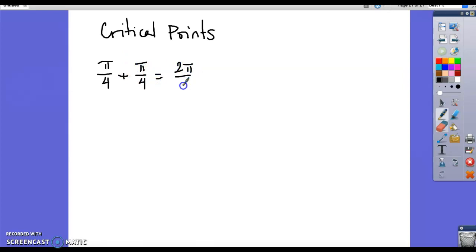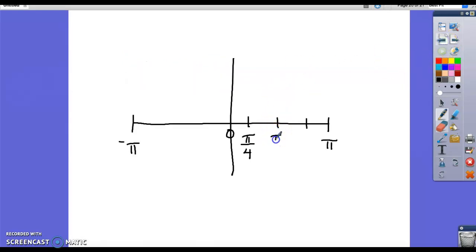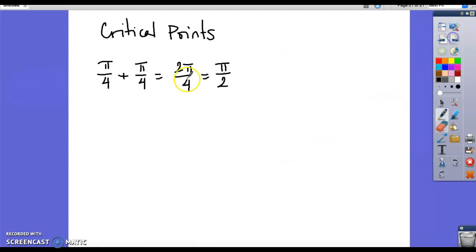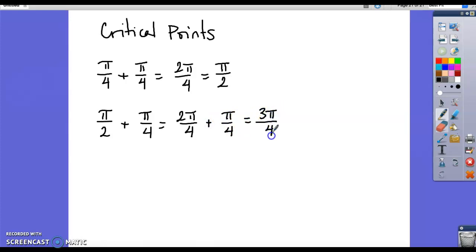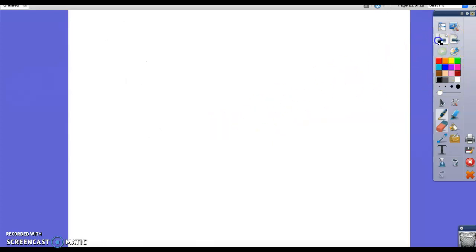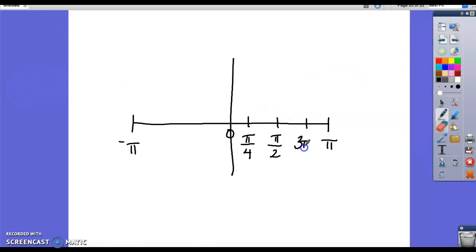That's 2 pi over 4, which is pi over 2. Then I need to do pi over 2 plus pi over 4. I already know that pi over 2 is 2 pi over 4, so if I add those together, I get 3 pi over 4. And if I were to add another pi over 4 here, it would give me 4 pi over 4, which is pi.